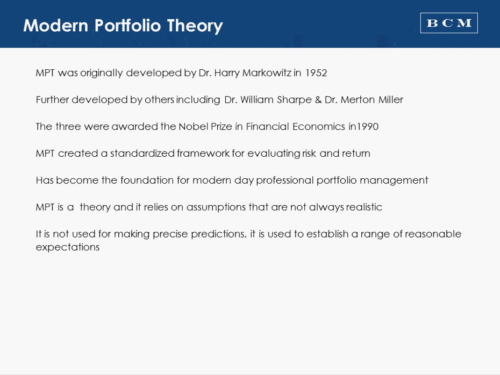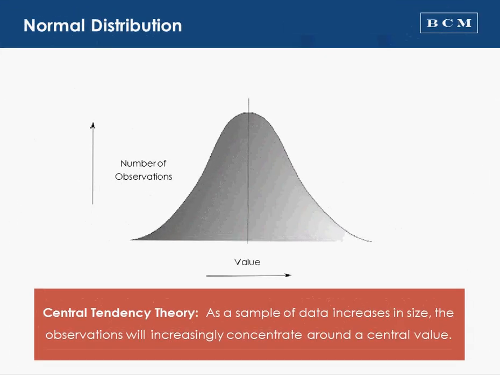For example, one of the central ideas in MPT is the statistical concept of a normal distribution. The idea is that as a sample of data gets large enough, as it increases in size, the values within the sample will increasingly concentrate around a central value.